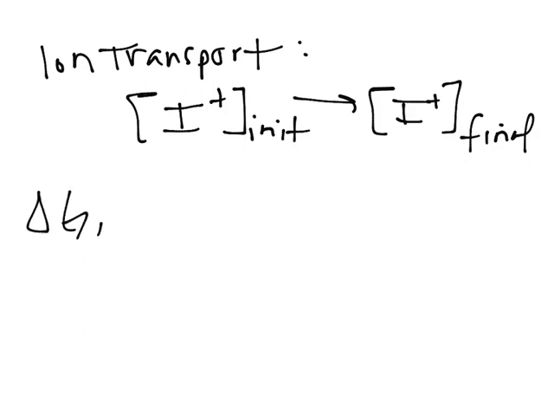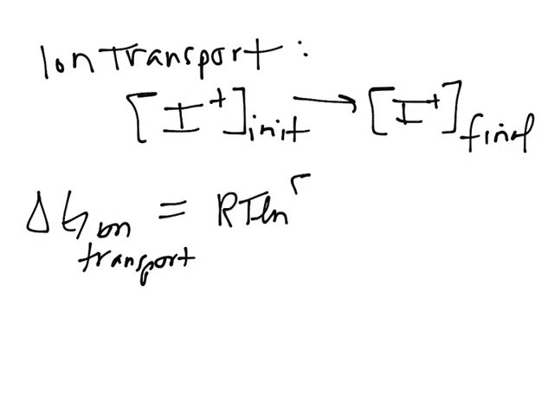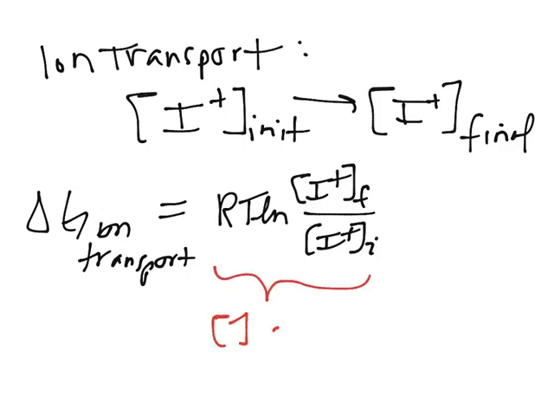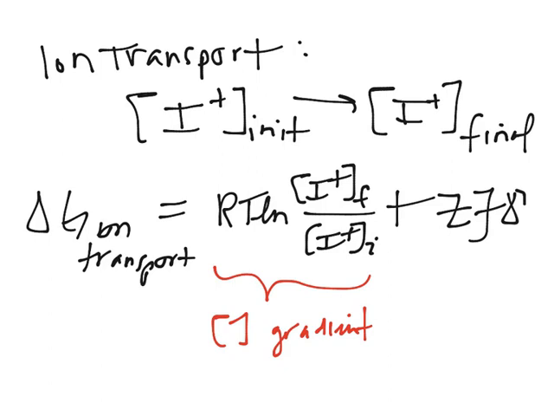So we can write an equation for delta G of the ion transport, and that's going to be RT natural log concentration final divided by concentration initial. So this component deals with our concentration gradient. But now we're going to have another term that will deal with our electrical potential. So ZF, we're going to use delta pitchfork, which is also VM. So this is our charge gradient, so our electrical potential.